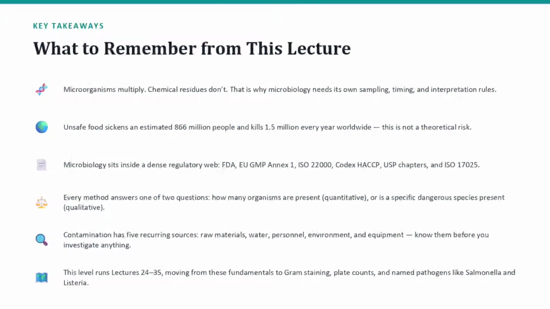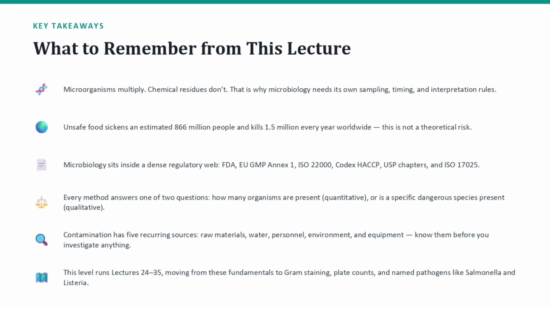How many organisms are present, which is quantitative? Or is a specific dangerous species present, which is qualitative? Number 5. Contamination has 5 recurring sources: raw materials, water, personnel, environment, and equipment. Know all 5 before you ever start an investigation.